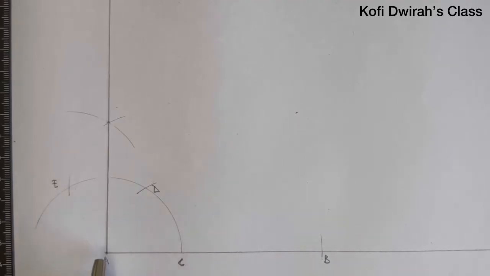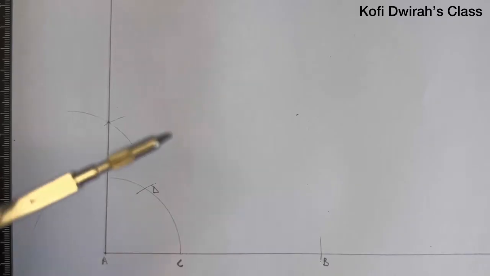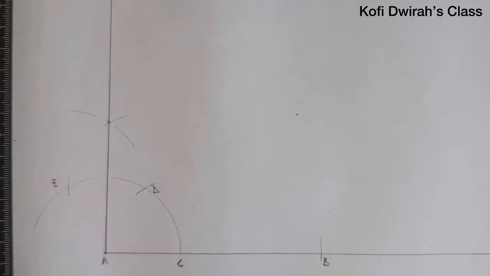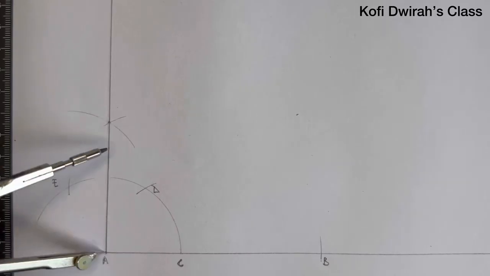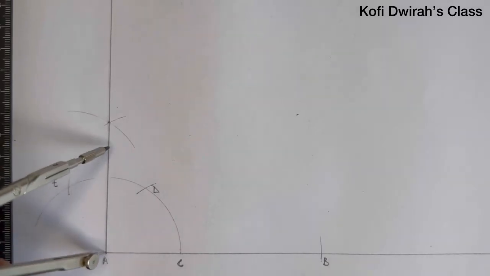So now we need the other side, and you know in a rectangle two opposite sides are equal. So now we have AB. So now we are going to draw the smallest side, which is 50 millimeters, which is 5 centimeters. So with your compass or your divider, you measure 50 millimeters or 5 centimeters. So at point A, you mark on this line.